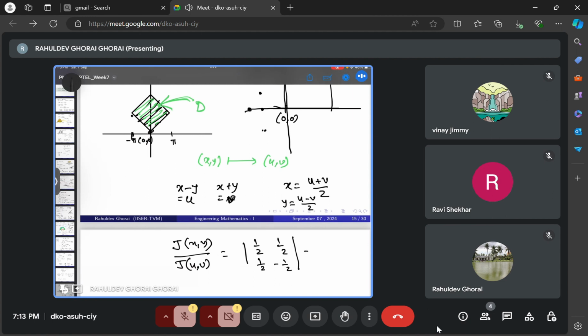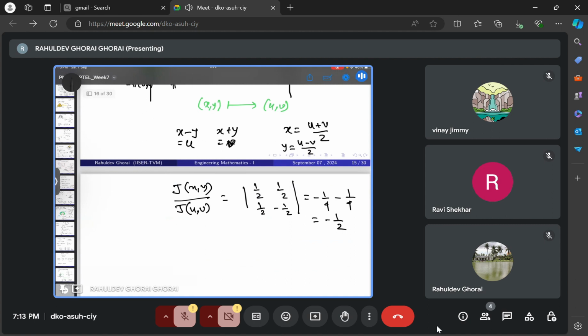So that gives you minus 1 over 4 minus 1 over 4, that is minus 1 over 2. So under this, dx dy will be minus half of du dv, okay?